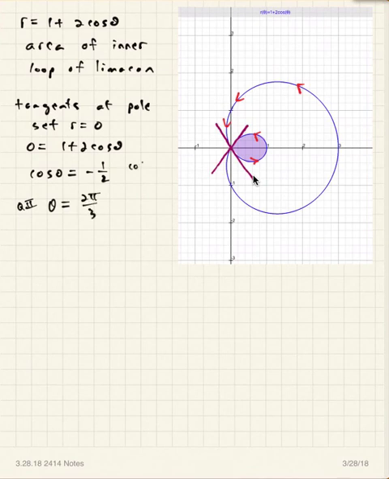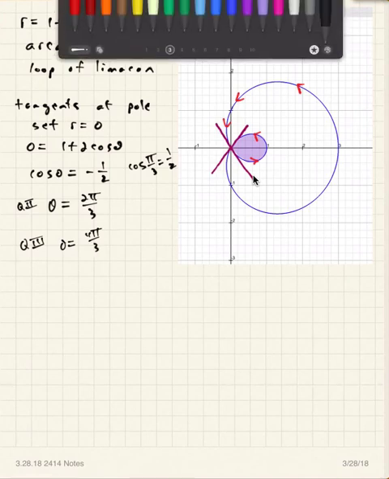We know that the cosine of pi over 3 is +1/2. That's right. So the cosine of 2 pi over 3, which is the quadrant 2 version, would be -1/2. And the quadrant 3 version would be at 4 pi over 3.